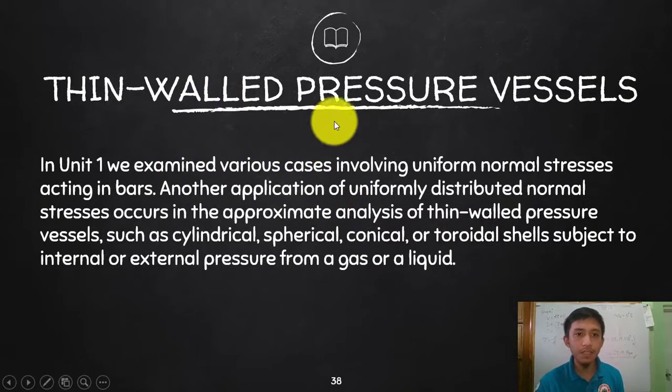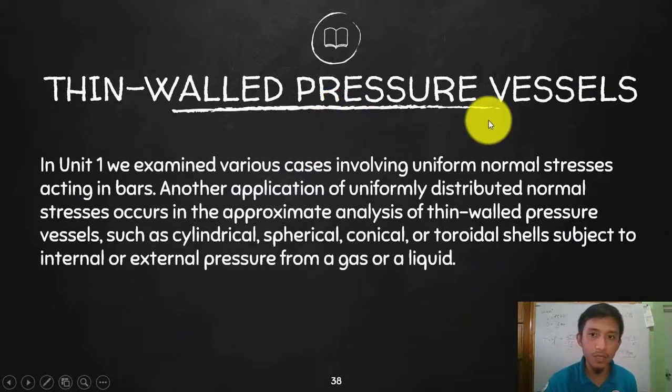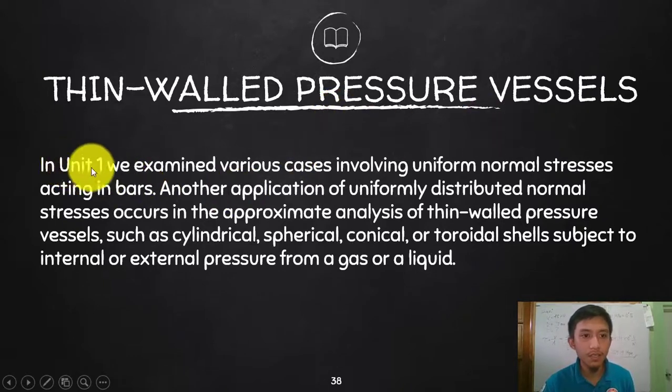But first, let's try to understand what thin-walled pressure vessels are. In Unit 1, we examined various cases involving uniform normal stresses acting in bars. That could be a compressive stress or a tensile stress. The area there is perpendicular, so that is actually what we will be using here.